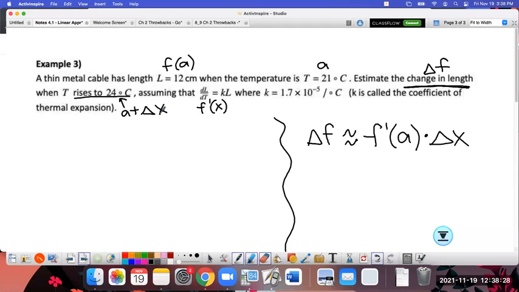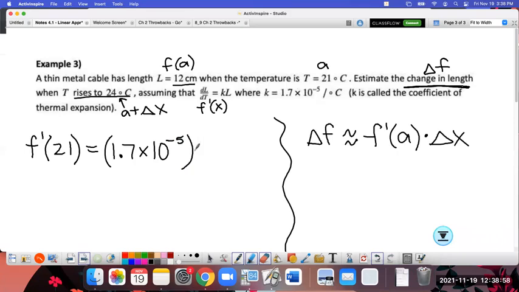Okay, let's go ahead and calculate the rest of our final pieces of information so we can be done with this set of notes. All right, I'm going to need to know the derivative at a, which was 21 that we said. My derivative function is KL. K, it says, is that thermal expansion coefficient of 1.7 times 10 to the negative fifth. And the L, well, we're going to have to use the L at 21, which we said was 12.